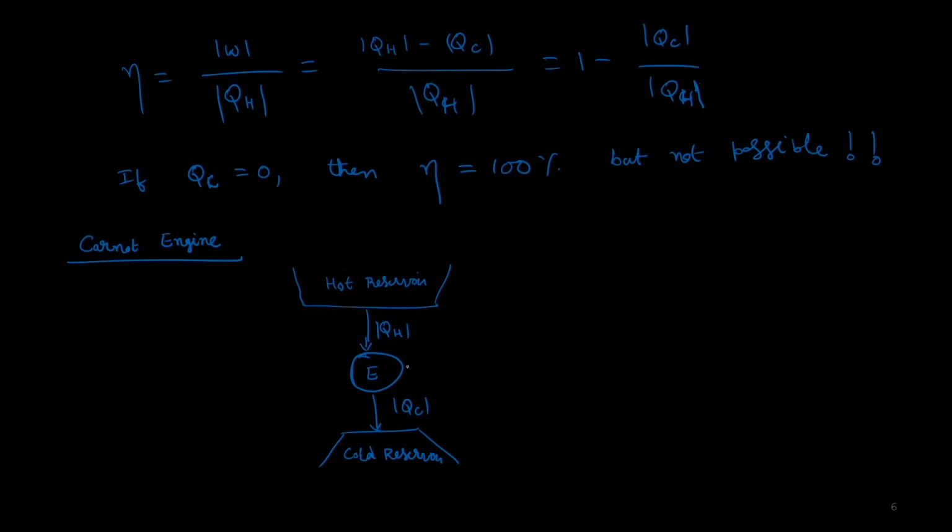And let's say this produces a work of W. By virtue of the first law, QH minus QC is W. We're more interested in W, so let's just write QC as QH minus W. It's the same thing. We just got rid of one variable instead of using the first law every time.